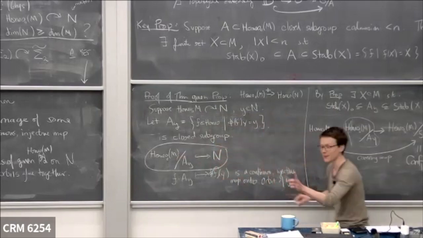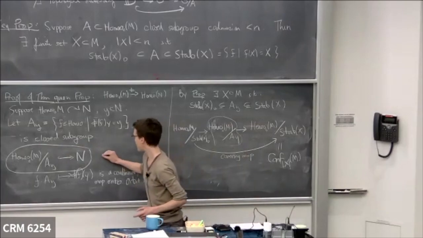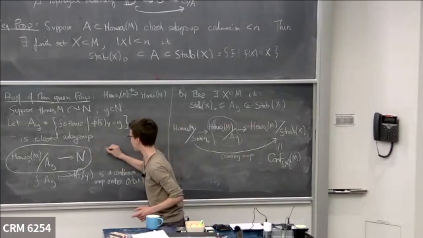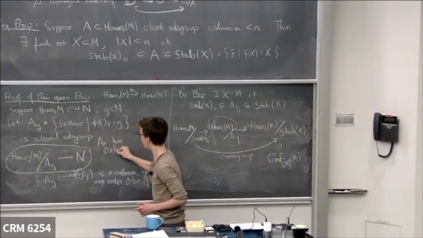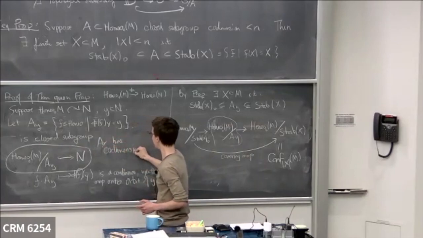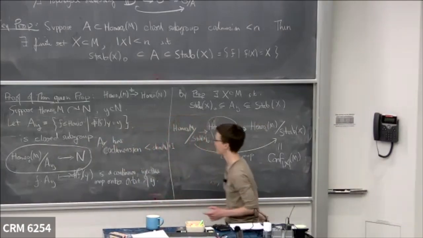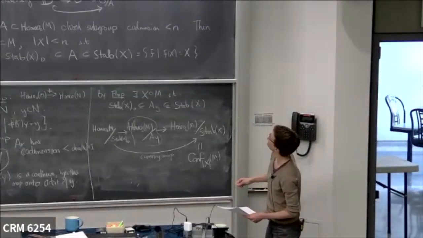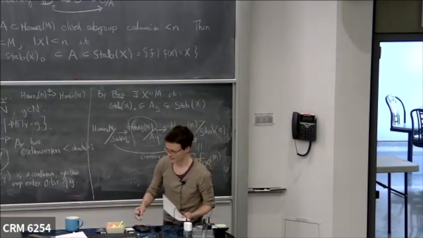That was the missing part I forgot to write. So A_y has codimension less than dimension n+1.